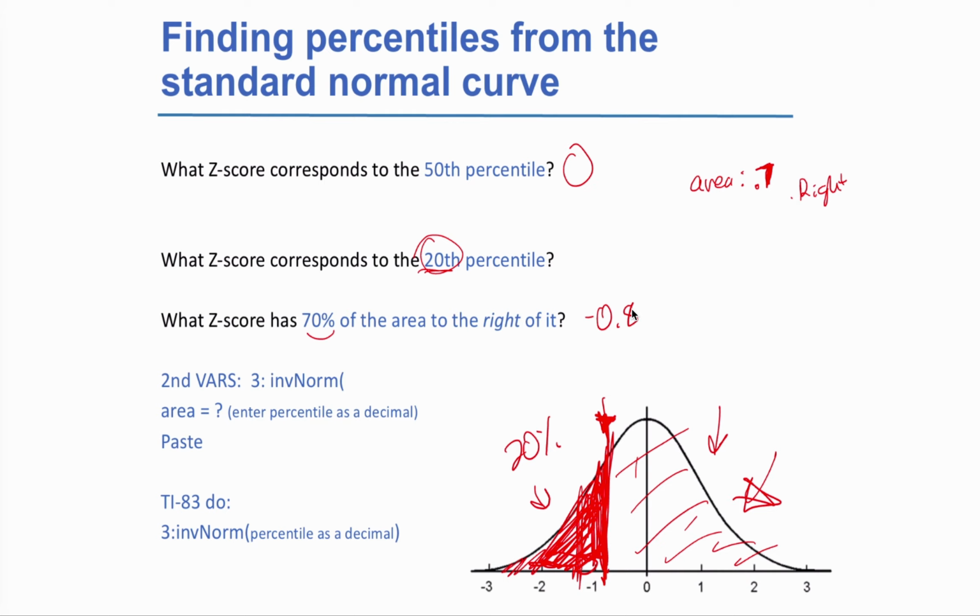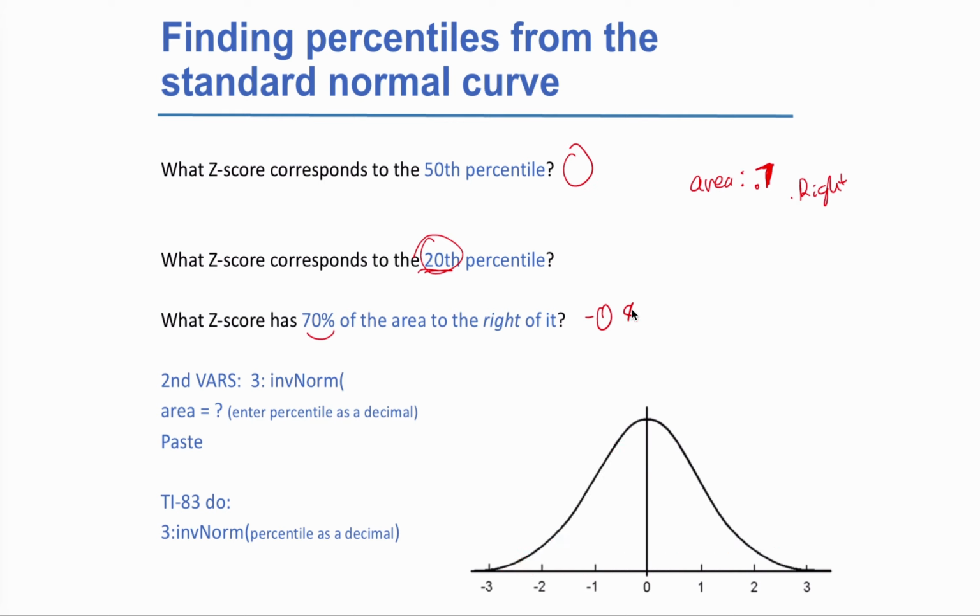My calculator doesn't have that fancy little wizard, so what I need to do is a little bit of quick arithmetic. If I want 70% of the data here, but my calculator only gives me the lower part, what percentage would be the lower part if the upper part is 70%? Well, it would be 30%.